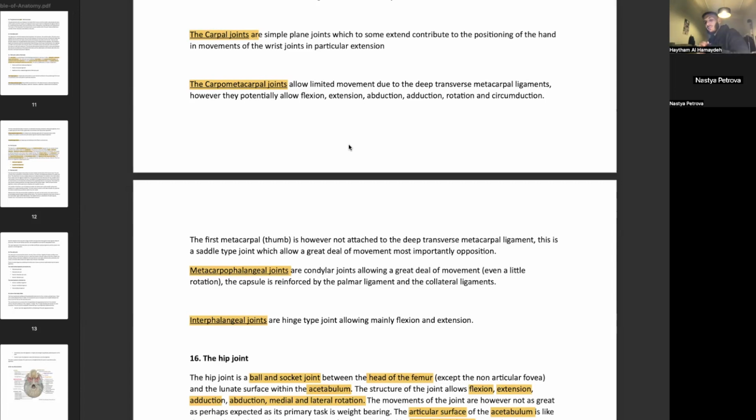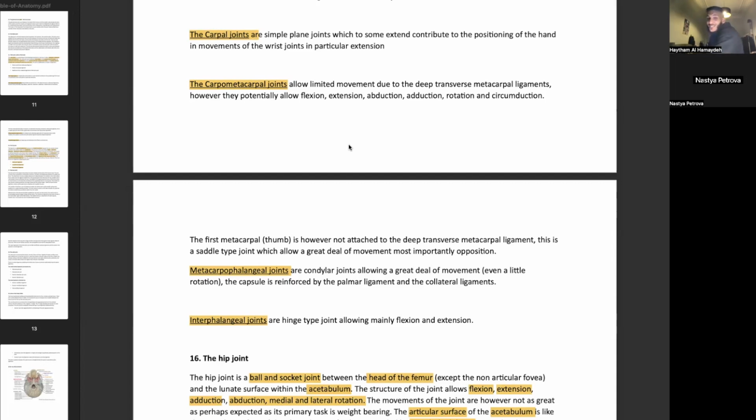Now, of course, they're joints, so for each joint we need to know how it moves, what its type is, and what bones are involved. You know what I mean?